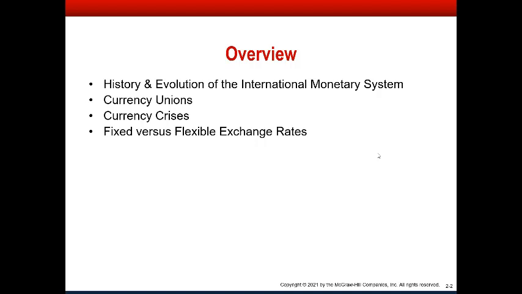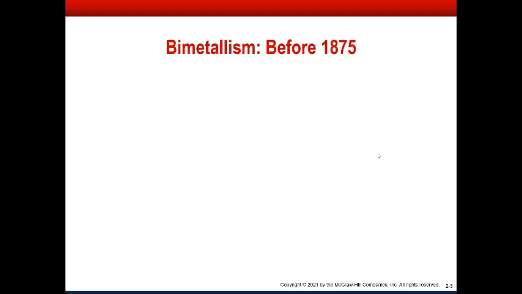So history-wise, we're only looking at the modern era, probably from about the mid-1800s to the present. And what was common really after the emergence of the United States on the international scene, so as of the late 1700s, early 1800s, was a monetary regime called bimetallism, two metals, and those would be gold and silver.